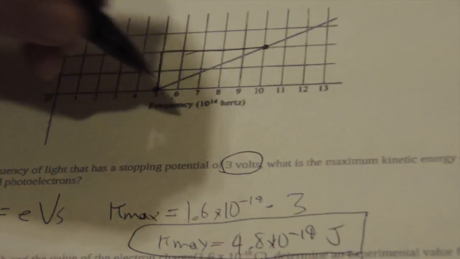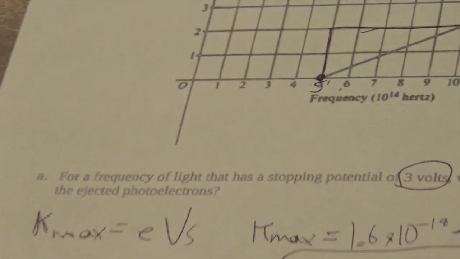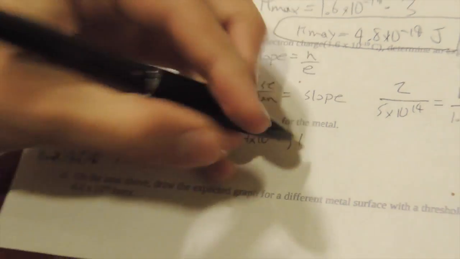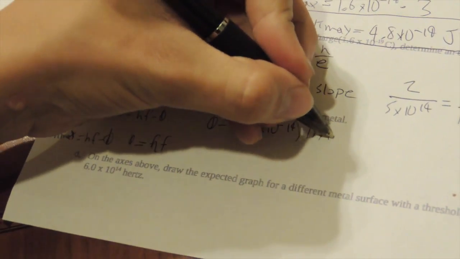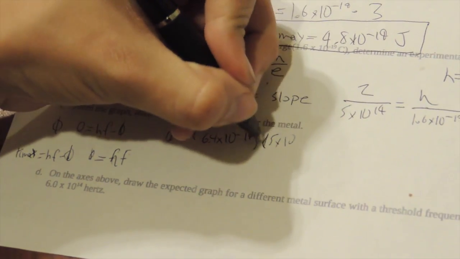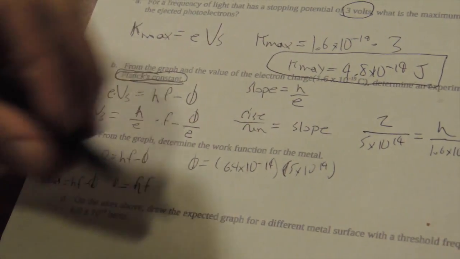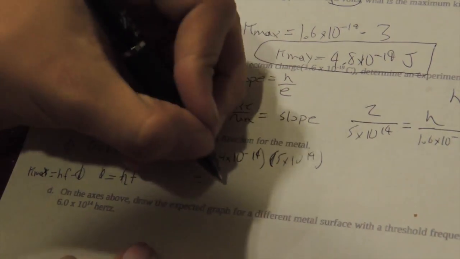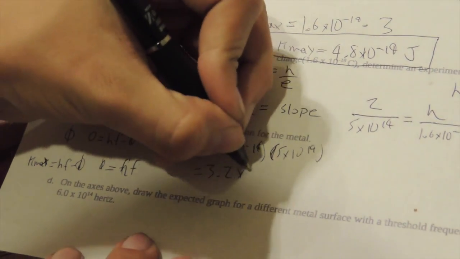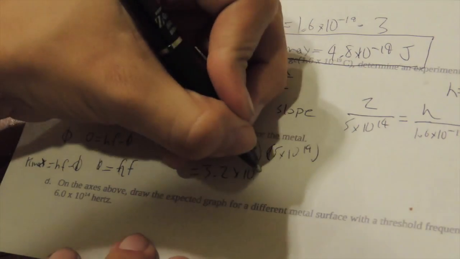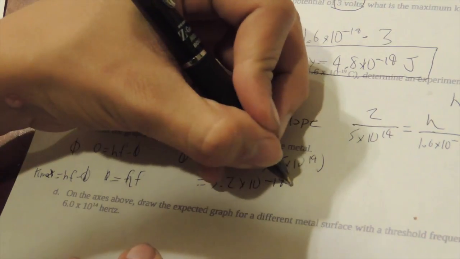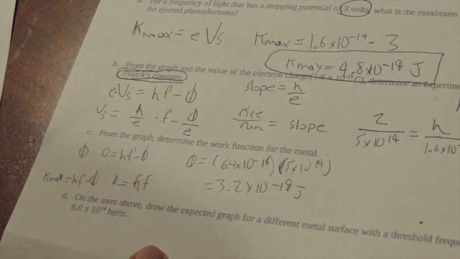You can see the 5. And then you multiply that times 5 times 10 to the 14th. Then you multiply that out and you get equals 3.2 times 10 to the negative 19th joules.